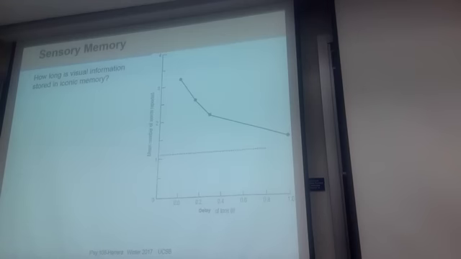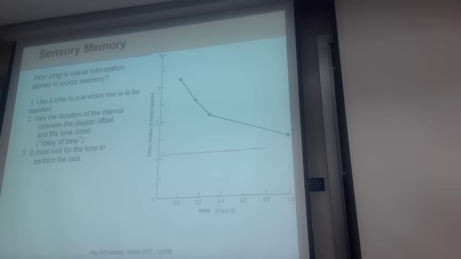So this is a graph showing that. What they were doing here was delaying how long it was between showing that image and then showing the array and then giving the arrow, and then when you have to actually report on that.